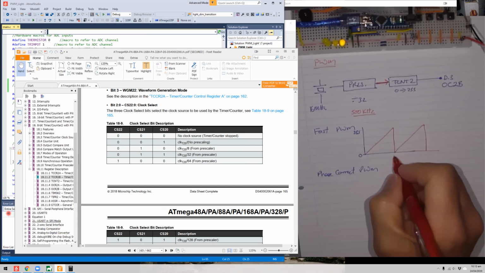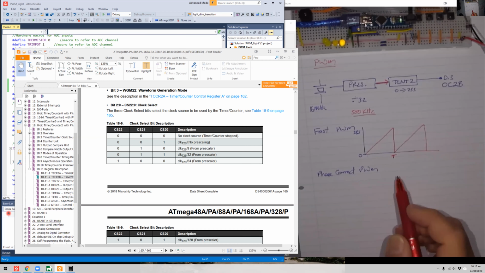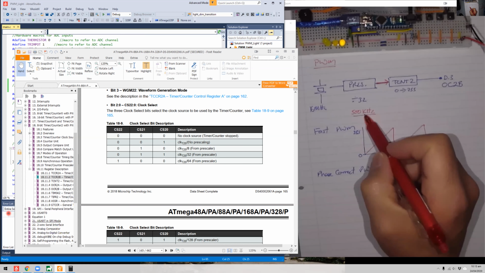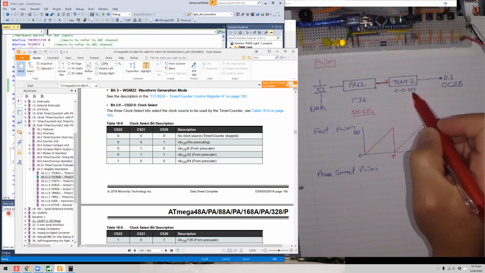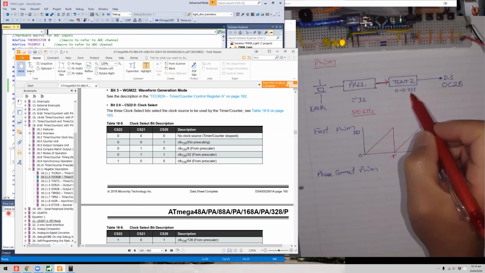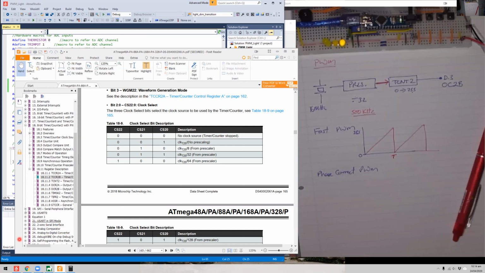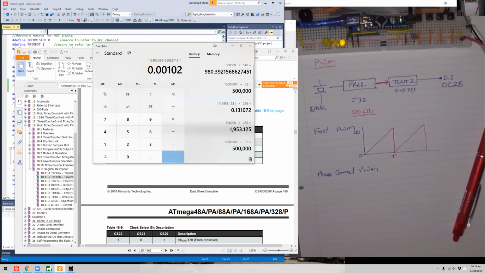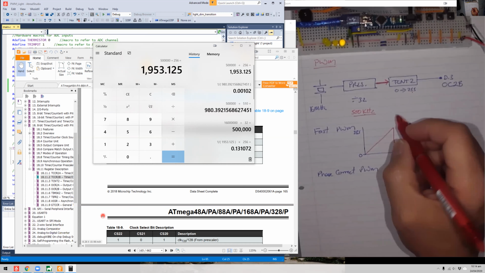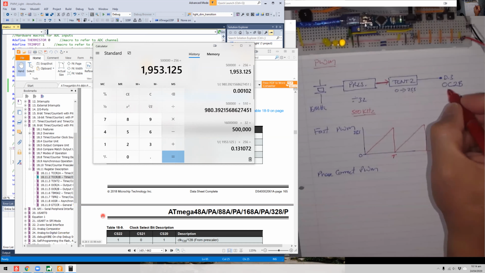So the period here would be 500 kilohertz divided by 256, because there's 256 counts. If I take my calculator, 500 kilohertz divided by 256 gives me 2 kilohertz. So this would be about a 2 kilohertz pulse coming out of here.